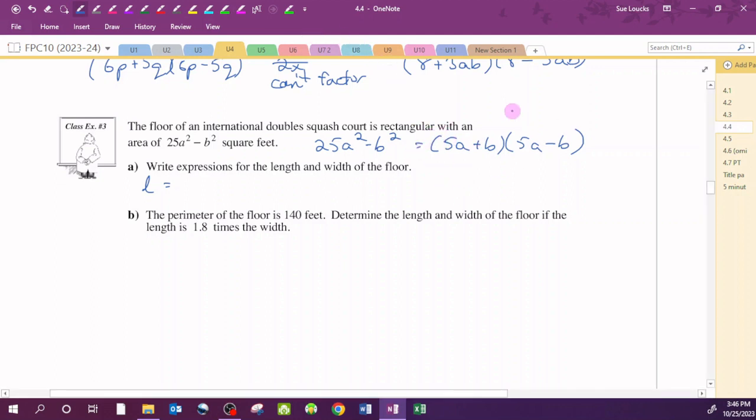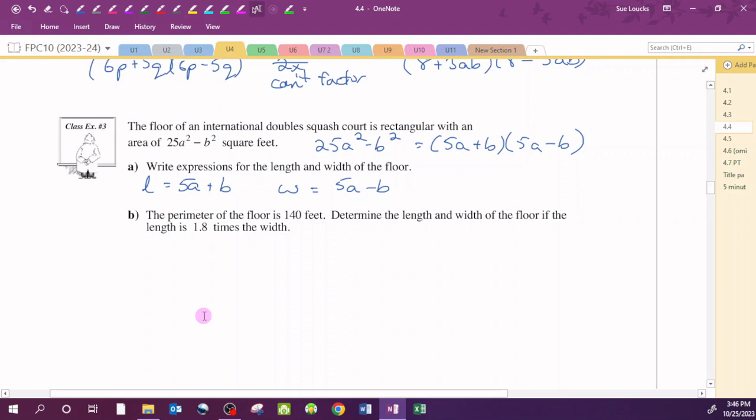The signs would just change and it would come out the same. But this one looks bigger than this one, so I'm going to call this one my length. Not that it really matters, but my length is going to be 5a plus b, and my width is going to be 5a minus b. Let's make that a little prettier. W equals 5a minus b.